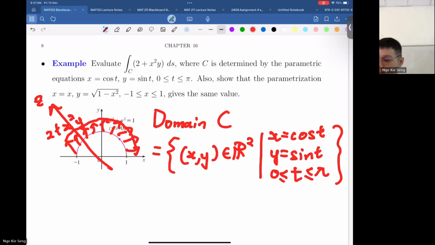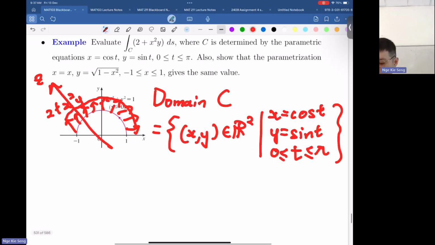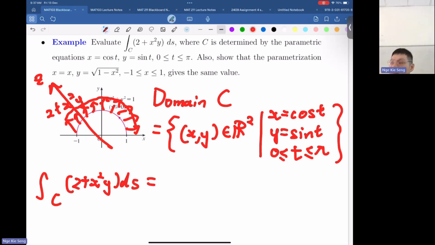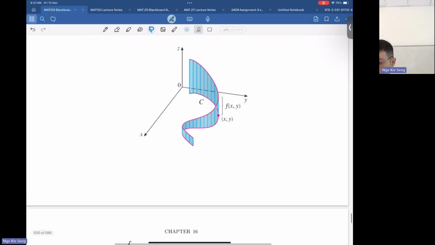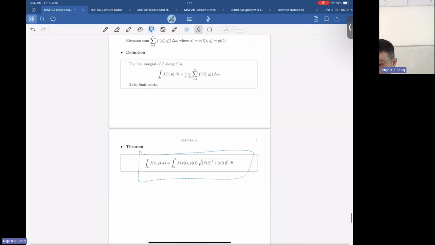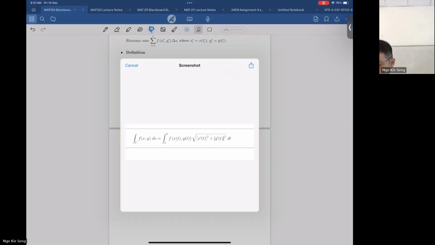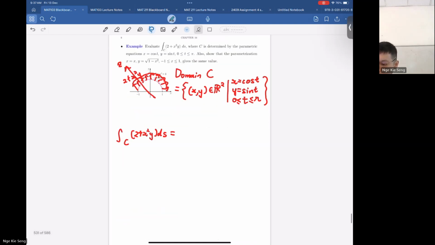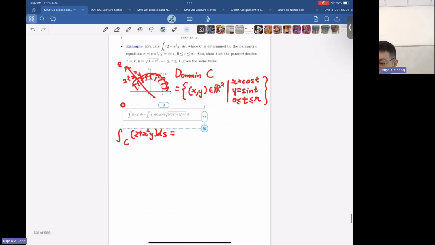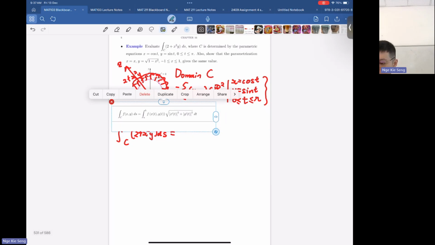Right. So what's the formula here? The integral over C of 2 plus x squared y ds equals what? I think it's better to screenshot the formula first, and then we can compare it. So we are using parametrization to compute this integral.